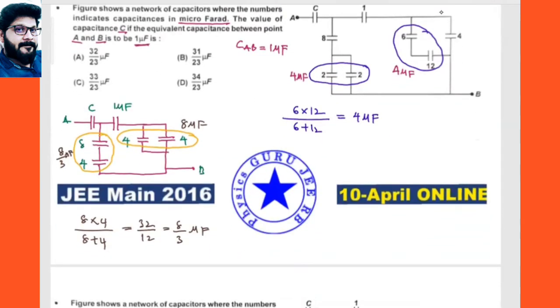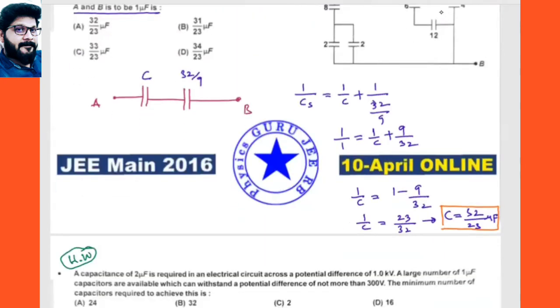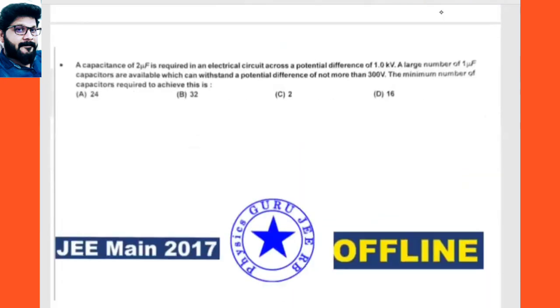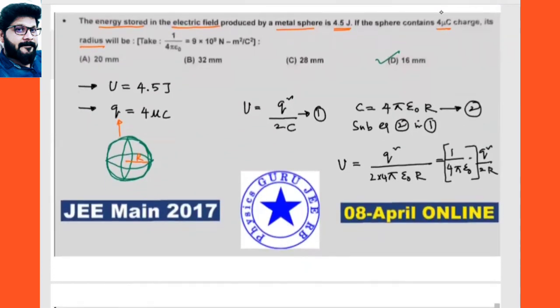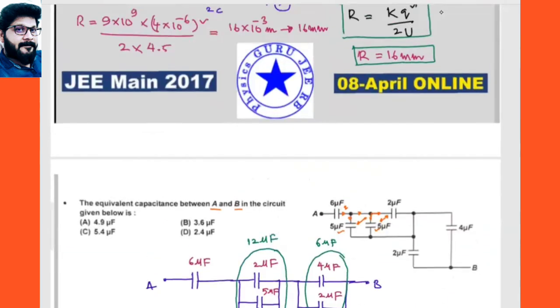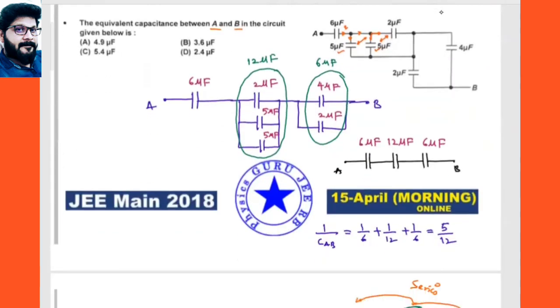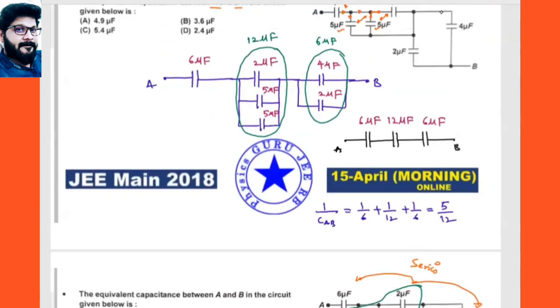Then we discussed combination of capacitors again. After that, I gave one homework to you. Then energy stored, based on energy stored and a spherical capacitor. And again equivalent capacitors, which was asked in 2018. Hope this is clear till this point.